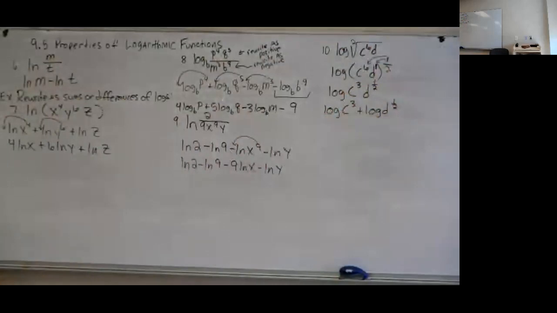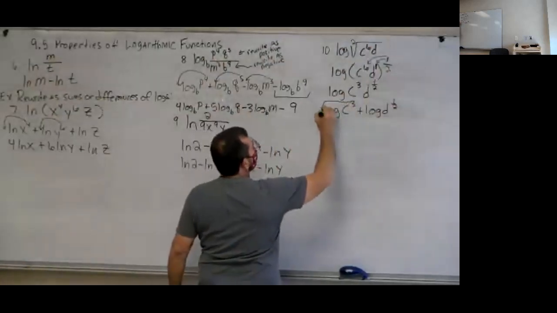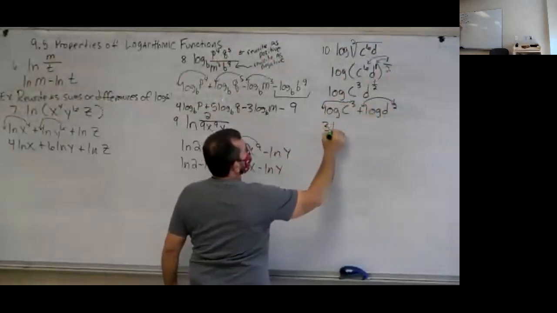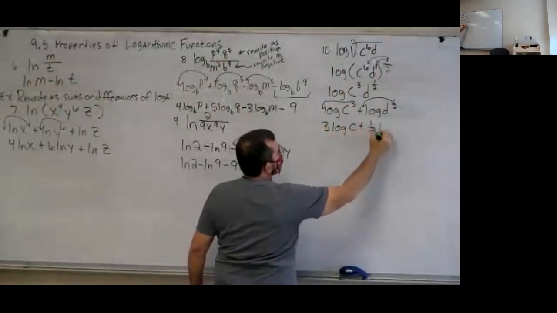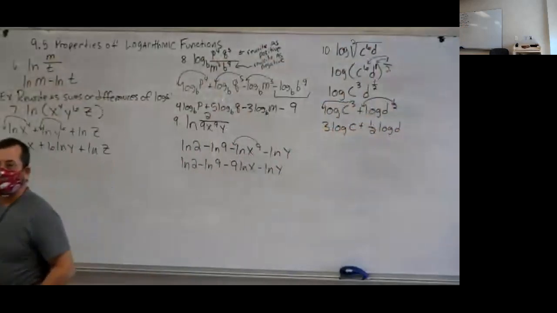And your favorite move? Pull all those exponents down to the front. So I get a 3 log C plus a 1/2 log D.